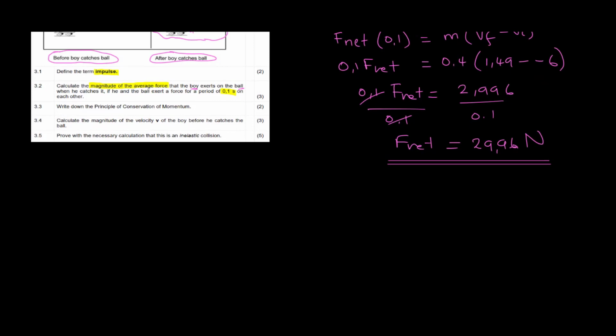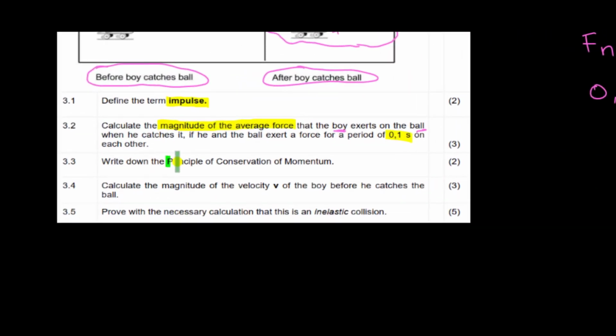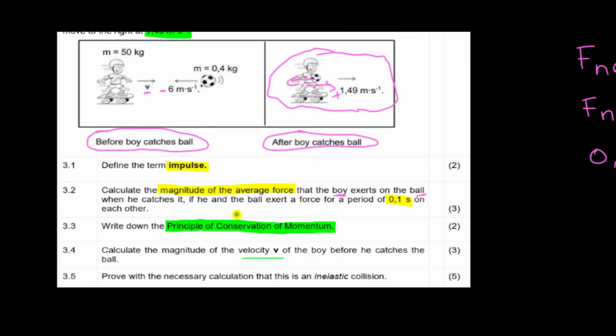The second question here is saying write down the principle of conservation of momentum. I hope you remember to state the principle of conservation of linear momentum. It says the total linear momentum of an isolated system remains the same. Now calculate the magnitude of the velocity v of the boy before he catches the ball. Initially we have two objects that were separate.